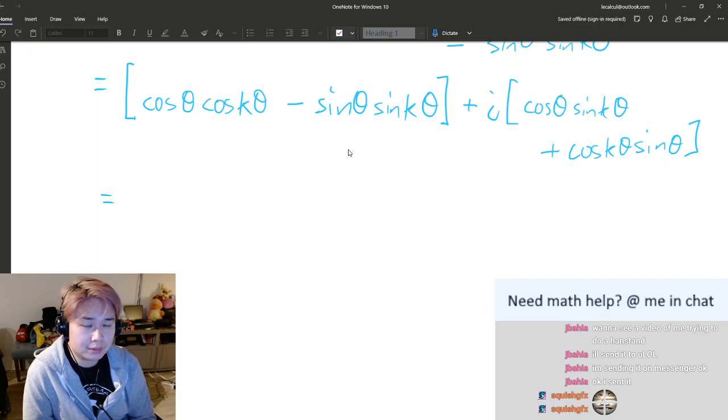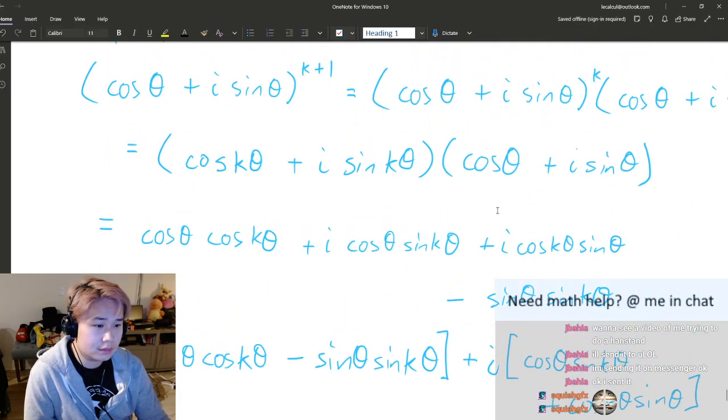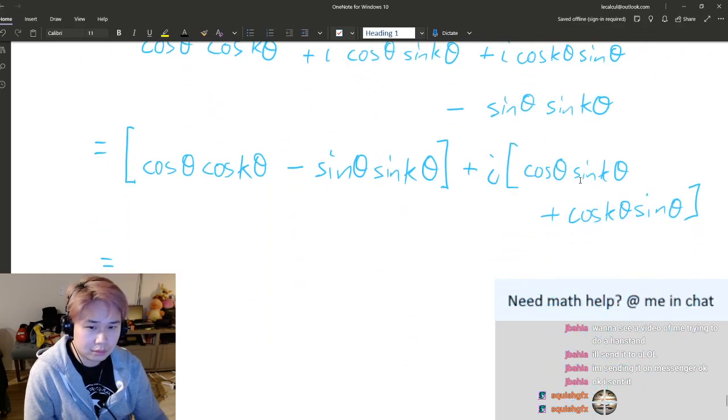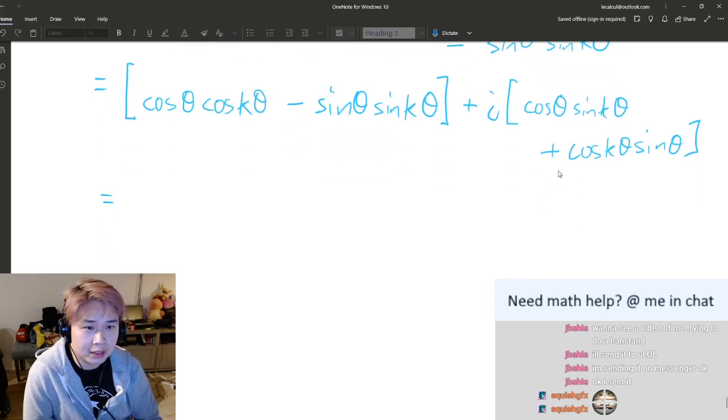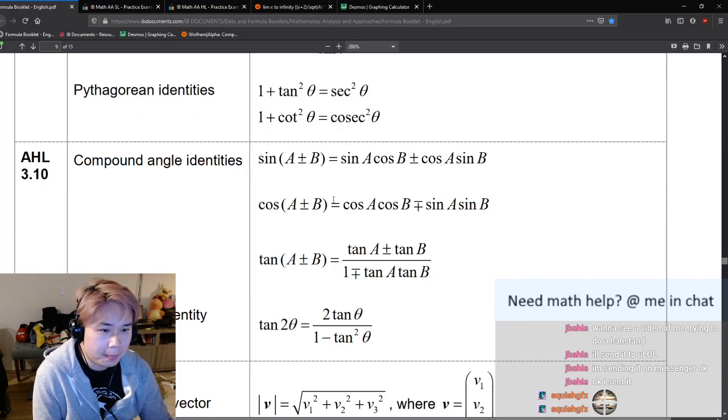So the first part is going to be this angle identity right here.